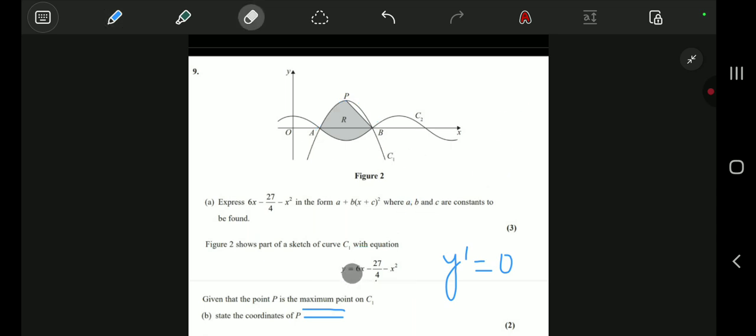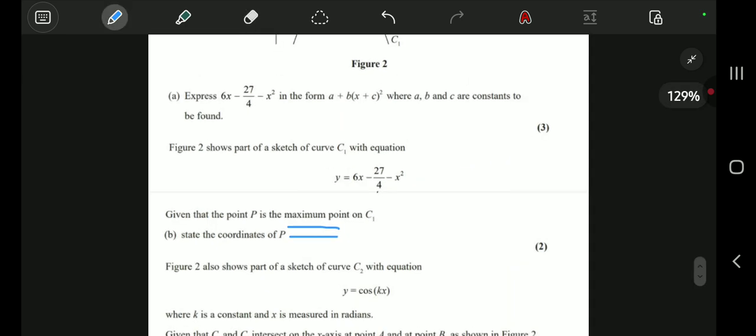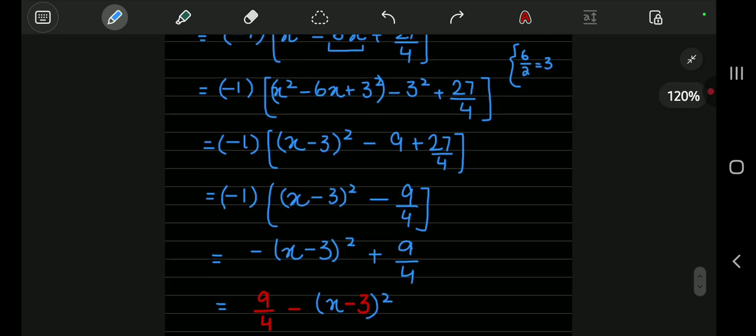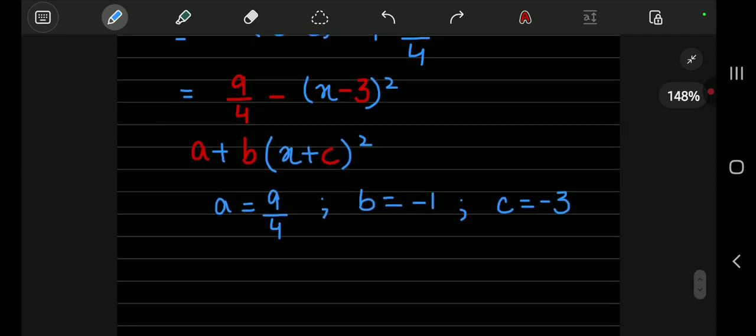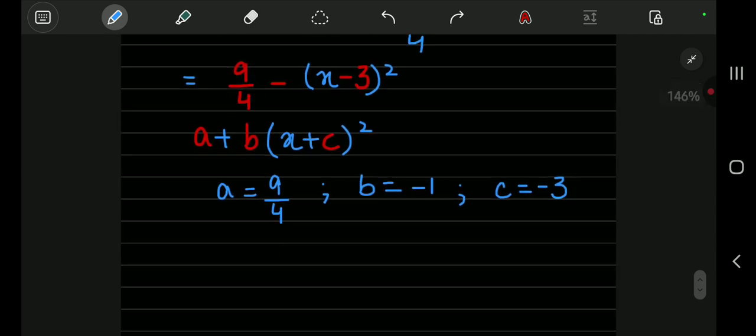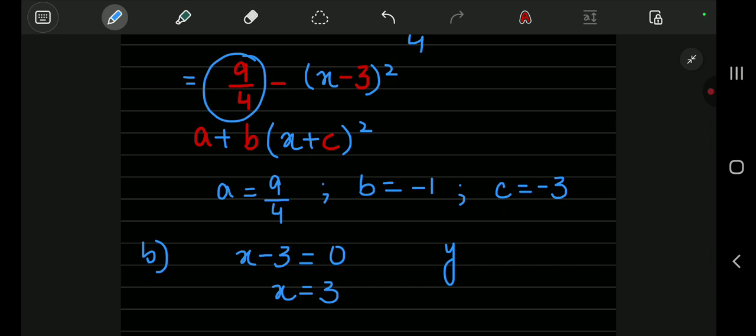Okay, but here there is one more way of doing it. As we have the completed square form, we know how to extract the coordinates of the stationary point or maximum point from the completed square form. So whenever you have the completed square form, you put this x minus 3 equal to 0. You will get the x coordinate of your turning point, and your 9/4, whatever this is, y is equal to 9/4.